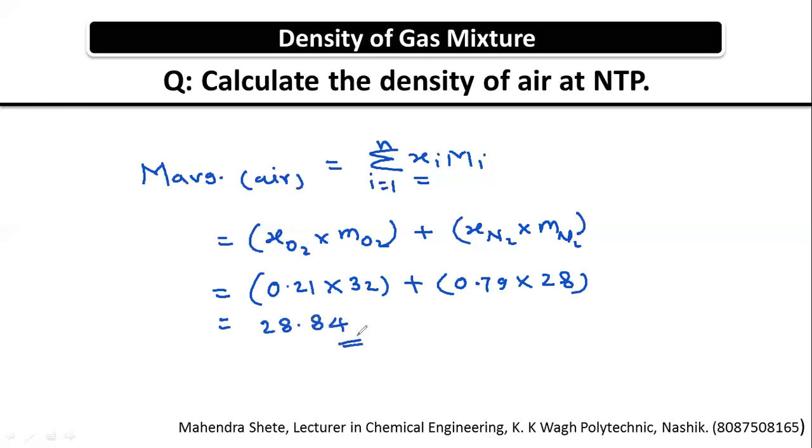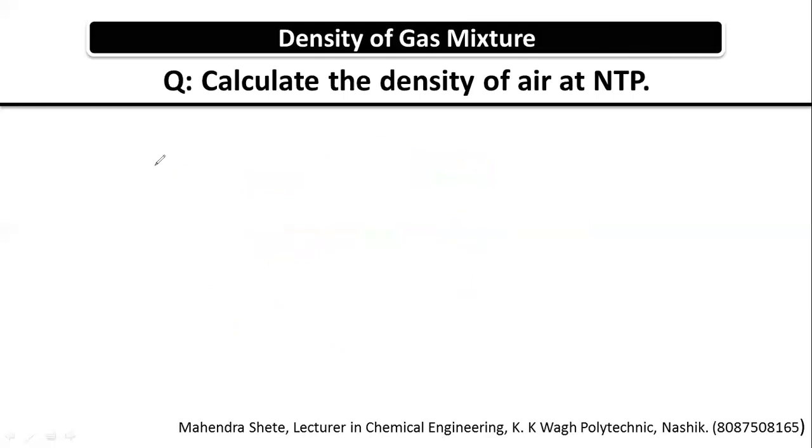Okay. Now we will calculate the density of air, that is the gas mixture which contains nitrogen and oxygen.